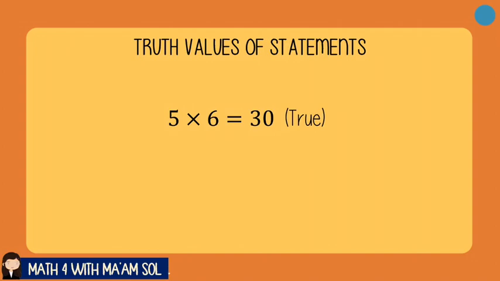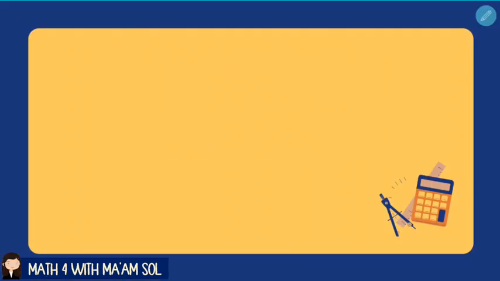We all know that it is true. So the truth value of that statement is true, and sometimes we denote it with T. Its negation, 5 times 6 is not equal to 30, has the truth value false, or sometimes we denote it with F.